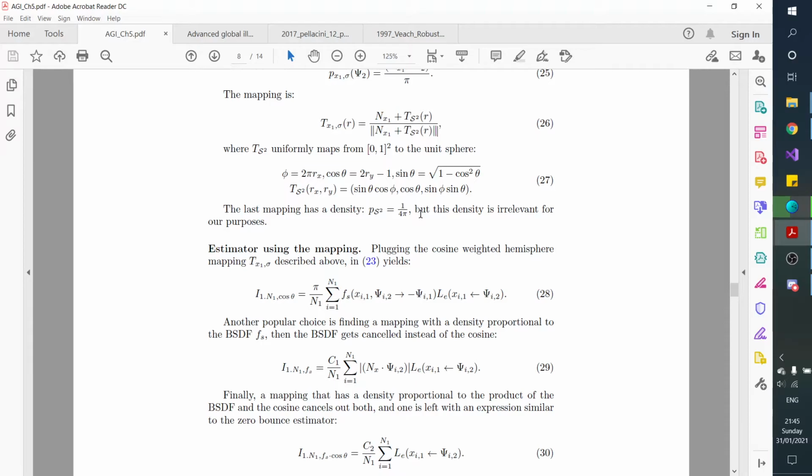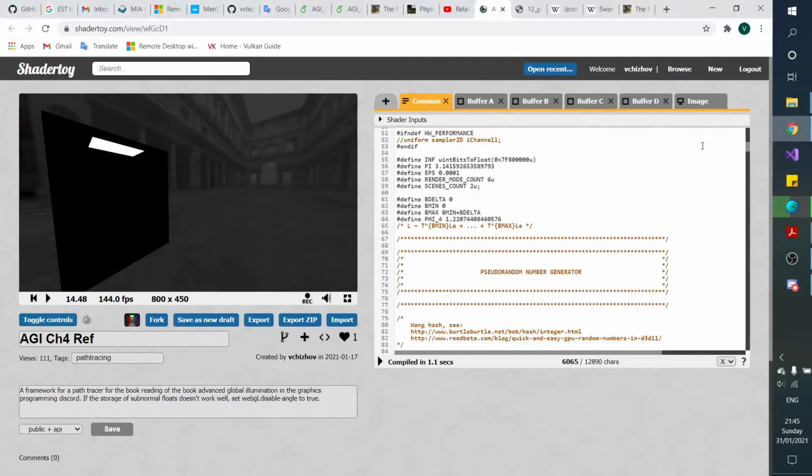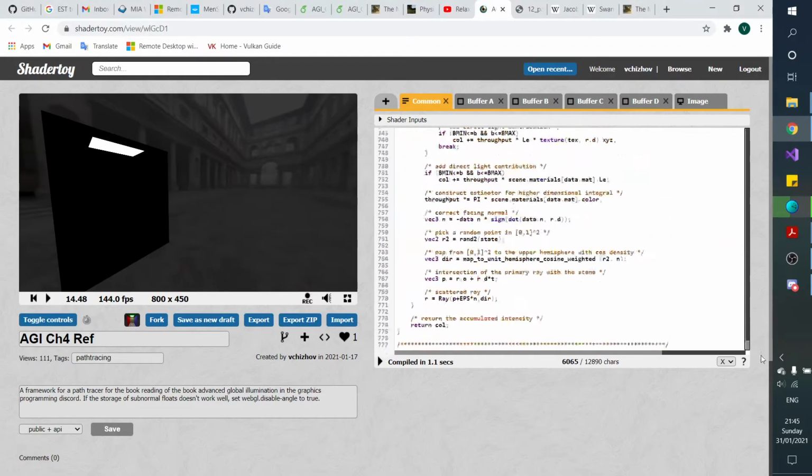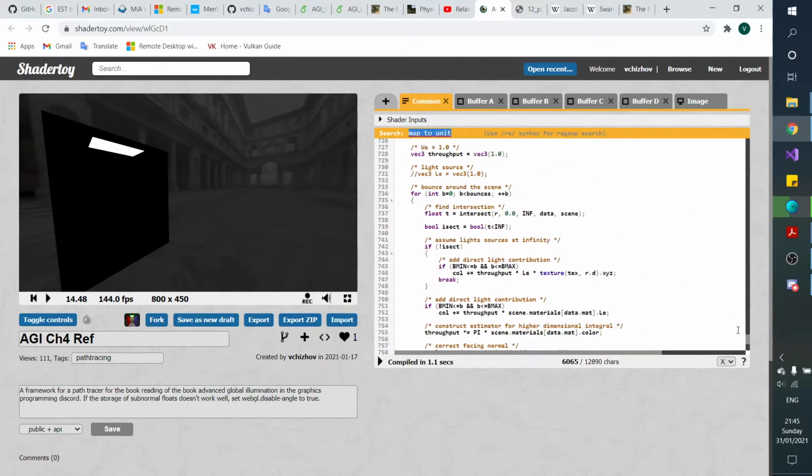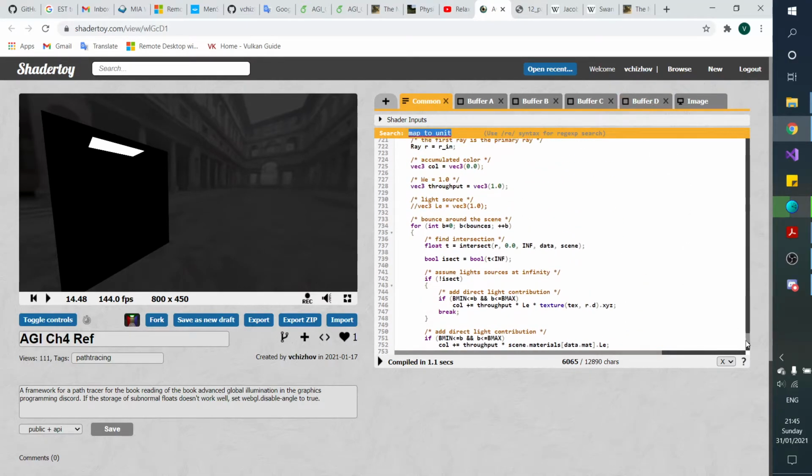Where does this happen in my code, for example? Let's see. It's in here.